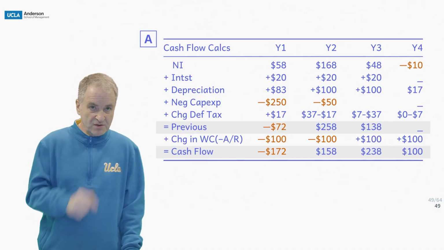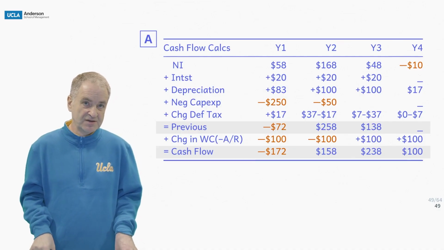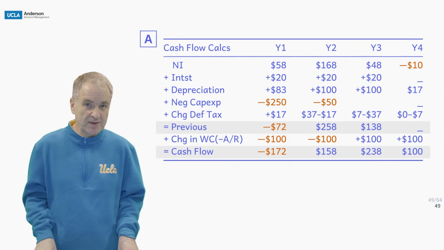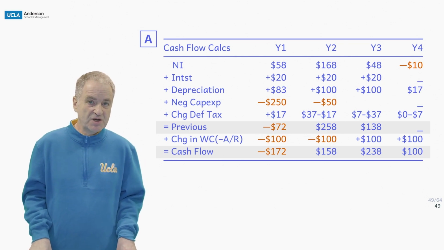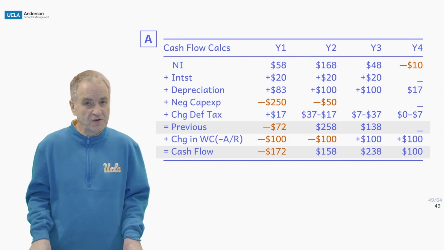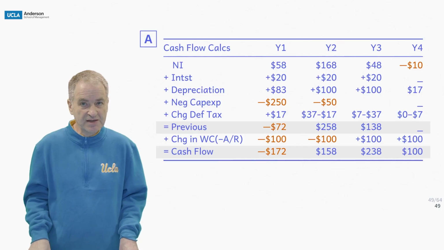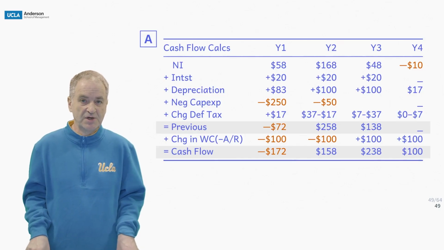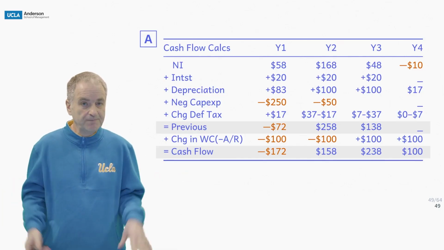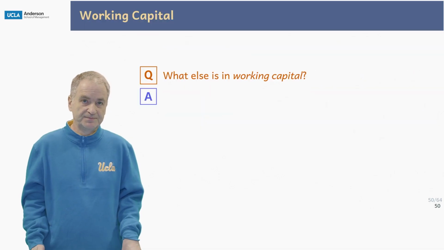And that's the second to last number on the financial statement, on the cash flow that I put up for you here. So subtracts out 100 in the first year, subtracts out 100 the second year, then plus 100 and plus 100 again. And that gives you the correct cash flows.